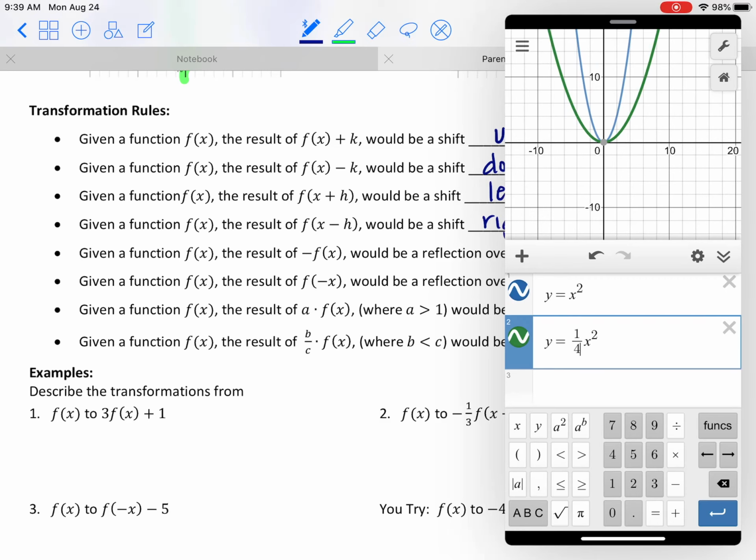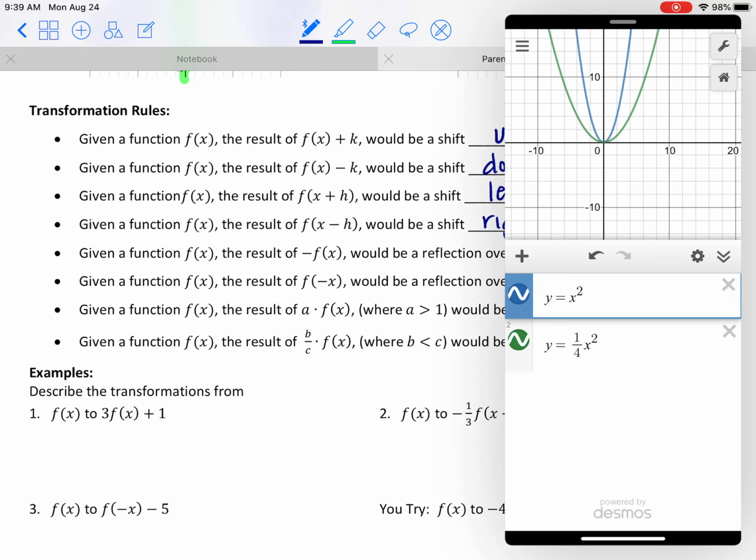Okay, true for all parent functions, these transformations. And it's really nice to know them so that, again, when you're looking at a function, you have a concept of exactly what's happening on the graph, but it's not necessary that you memorize them, because you technically could do what I'm doing here, look at the parent function, look at the changes, and see how they affect the graph.